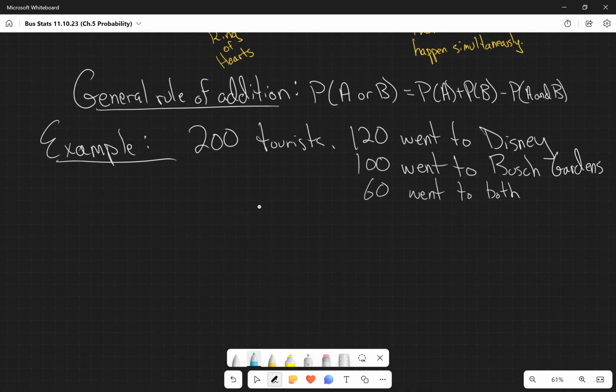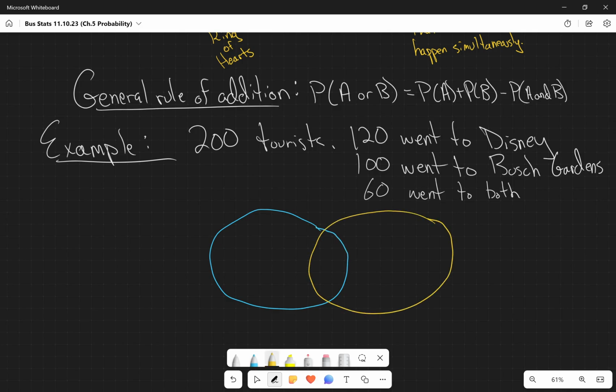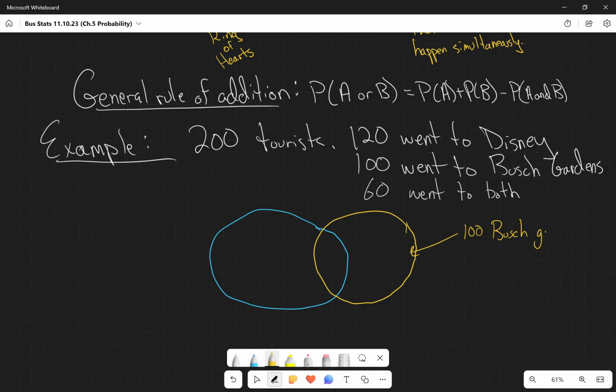So if we represent this with a Venn diagram, we're going to see that we have 100 people going to Busch Gardens. We have 120 people going to Disney.